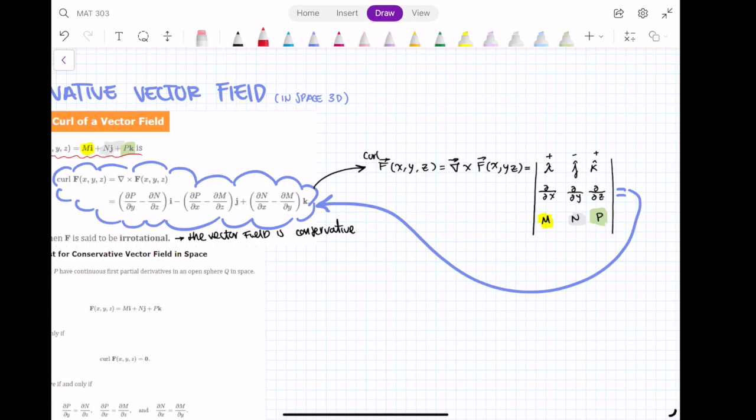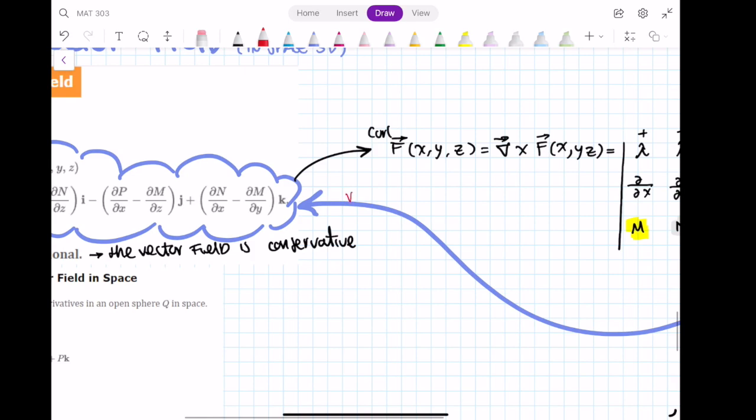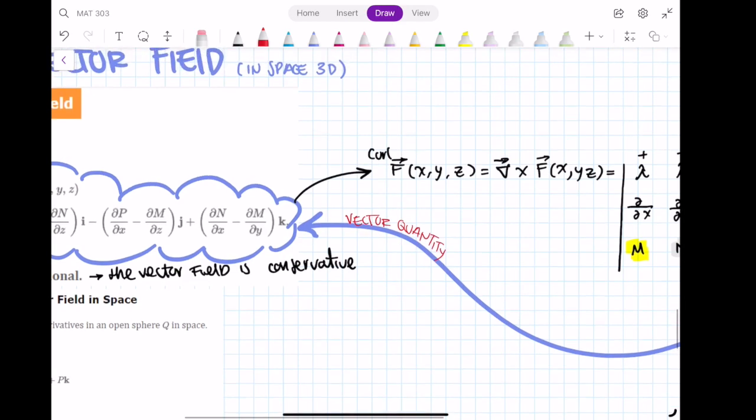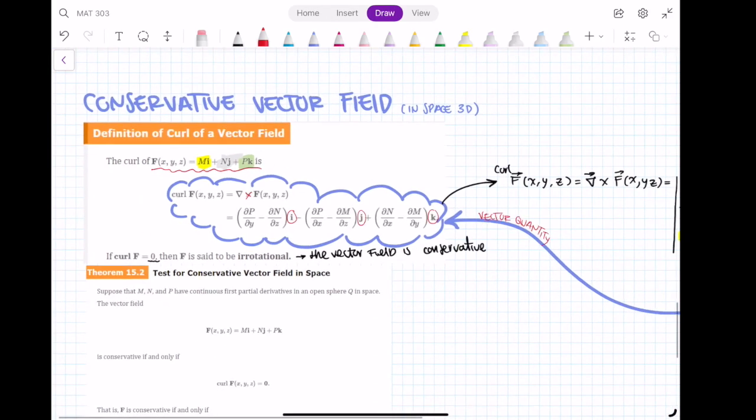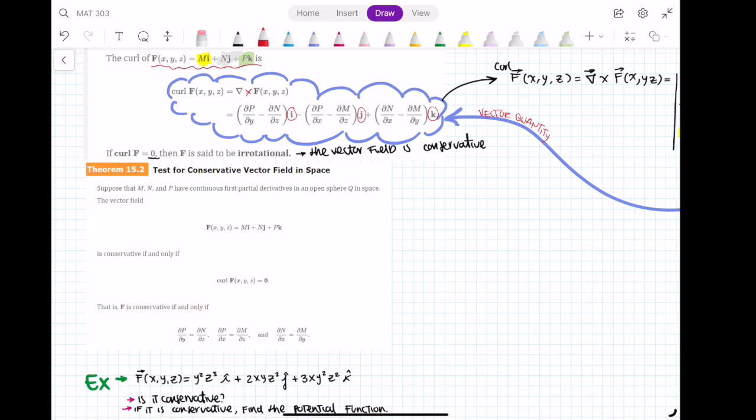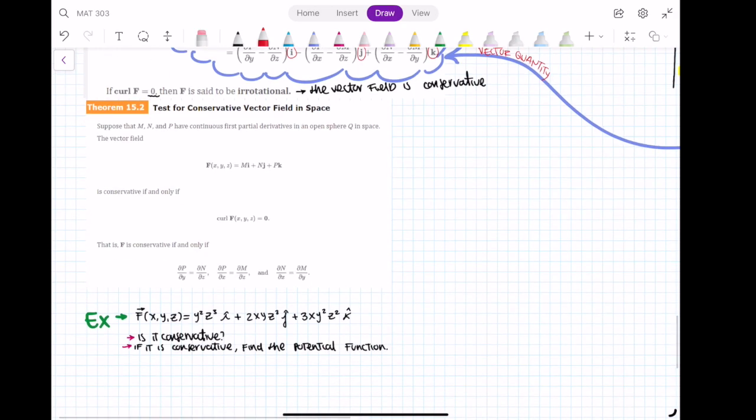Another thing we have to add is that this is a vector quantity, because it's a cross product and we have i hat, j hat, and k hat, right? As we did before, we need to test for the conservative vectors, so it's actually almost the same thing.